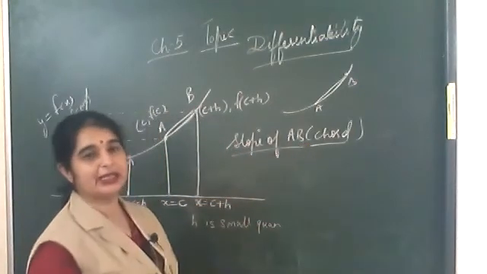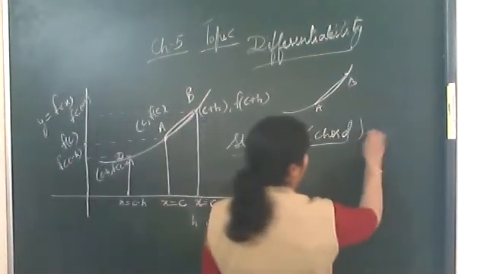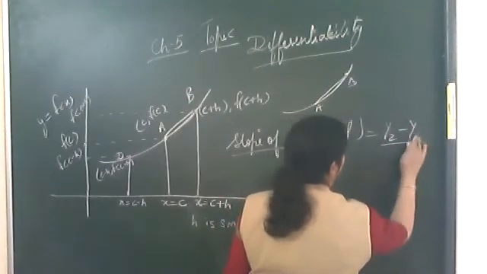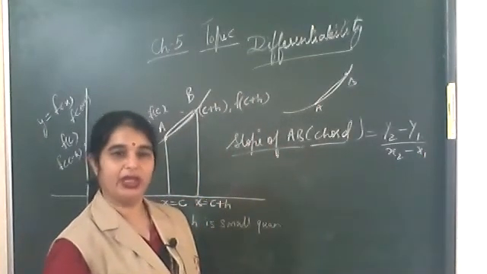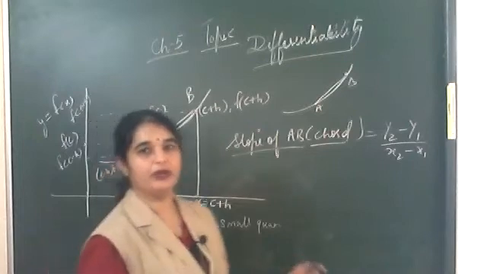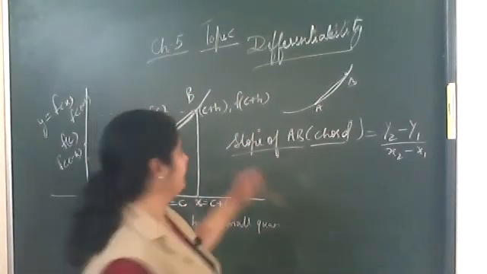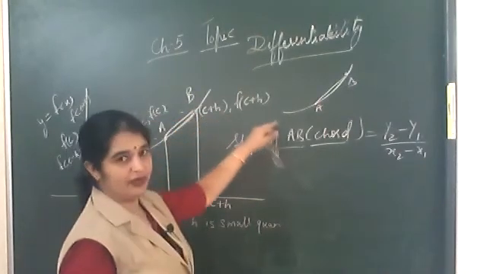Do you remember class 11th, straight lines? The slope of a chord is given by y2 minus y1 upon x2 minus x1, where (x1, y1) and (x2, y2) are the two points. We have two points A and B with coordinates (c, f of c) and (c plus h, f of c plus h).